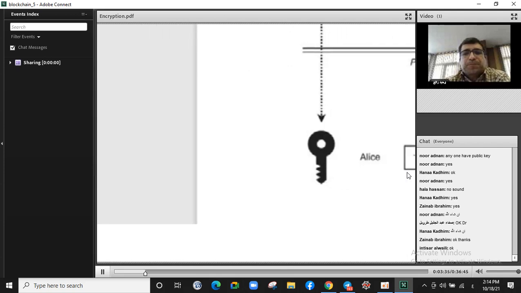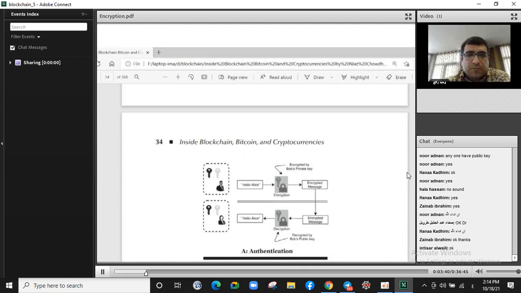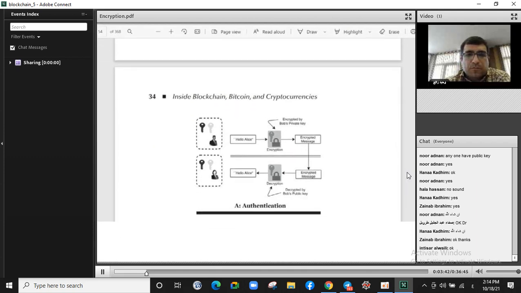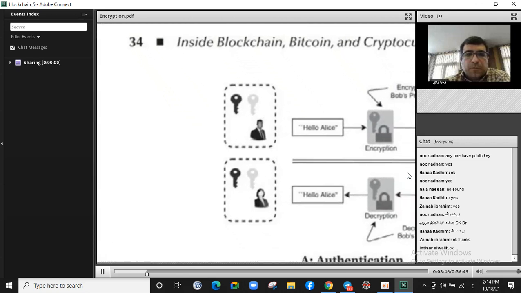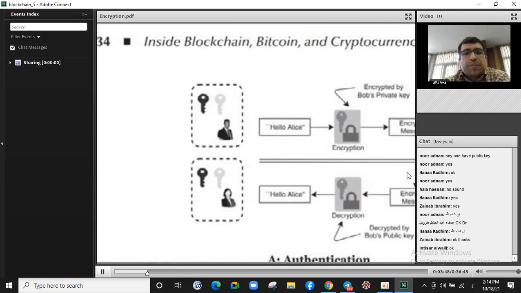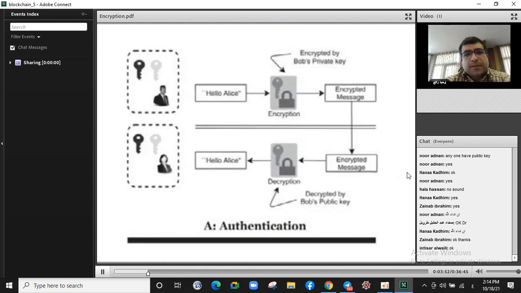See this figure. In this figure, as you can see, Bob encrypts his message by his private key.